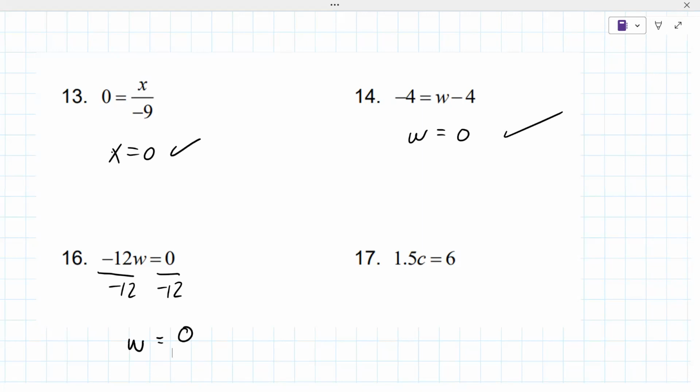1.5 times C equals 6. Okay. So 1.5 and then C equals 9?